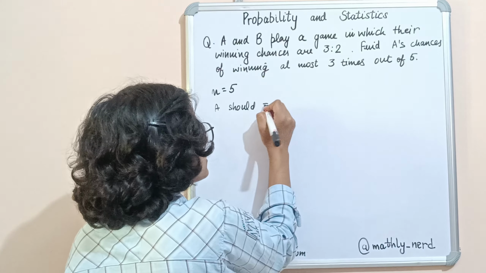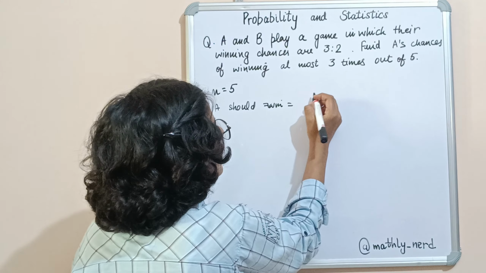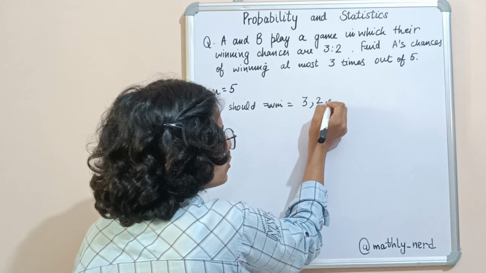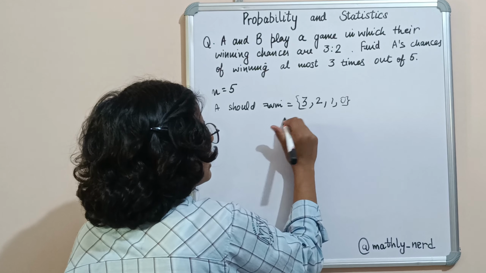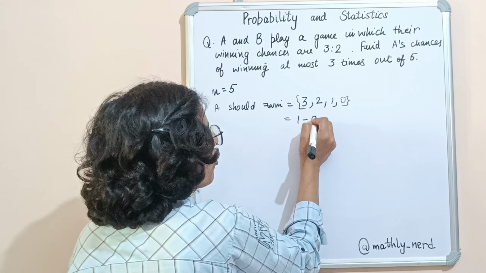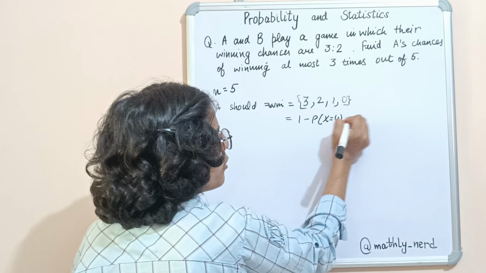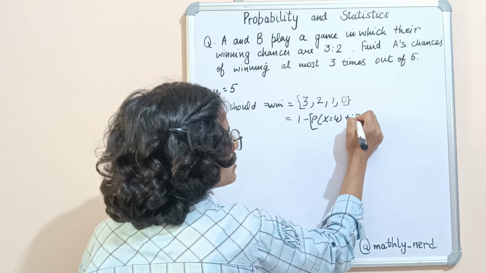That means he should win 3 or 2 or 1 or 0 times. We can also see this as 1 minus probability of x being 4 times or 5 times.